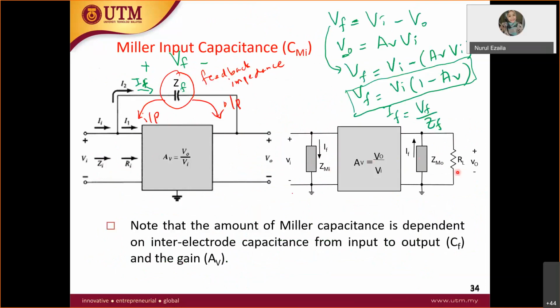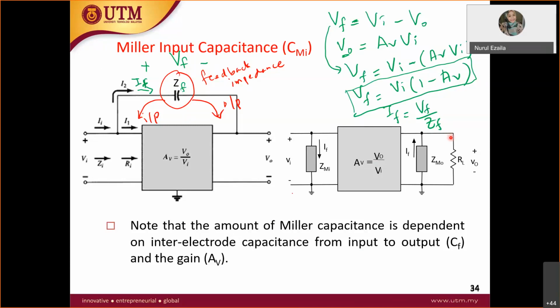However, whatever is in between has become the feedback. We don't want this feedback. How do we simplify this feedback? By using Miller theorem. If you want to know more about the Miller theorem, it is what I simplified just now. Basically, you simplify the input and output part.